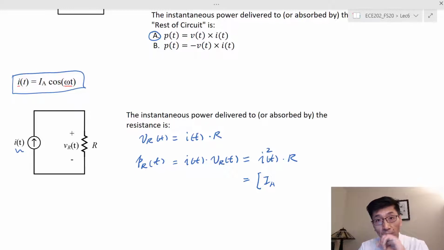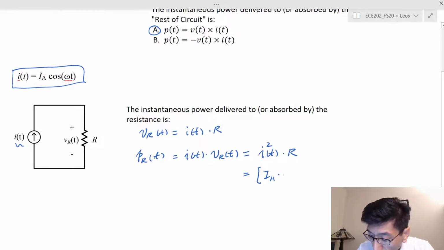So the amplitude I_A will be constant, the angular frequency omega will be constant, and the phase angle is 0, of course constant. So that's I_A times cosine omega t, squared, times R.